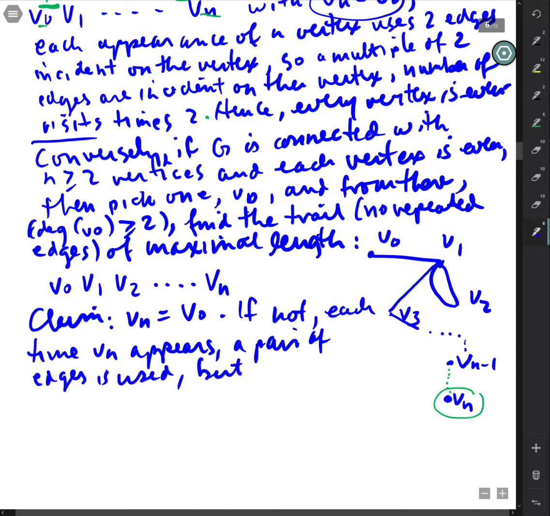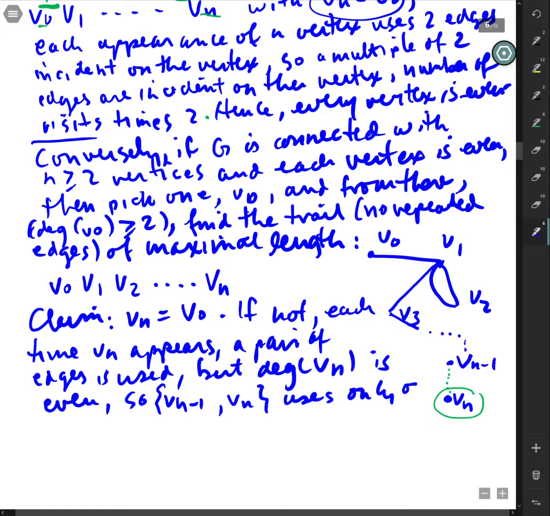but the degree of Vn is even, so Vn minus 1 to Vn uses only one edge. Well, that can't be.